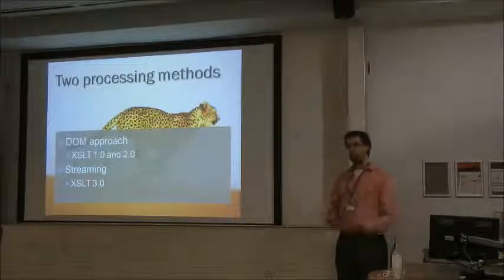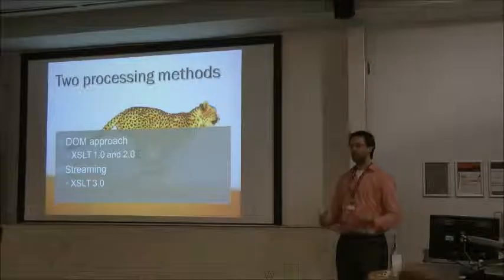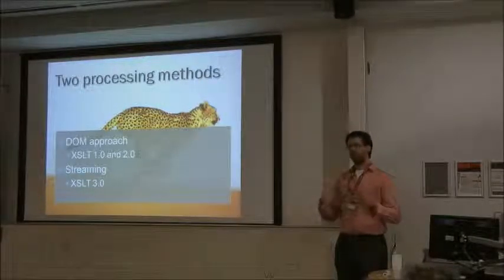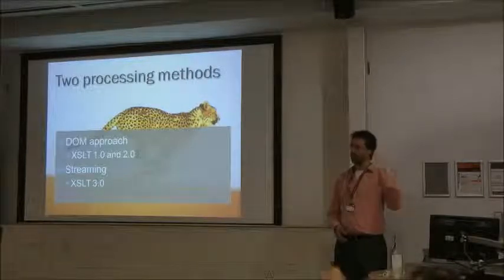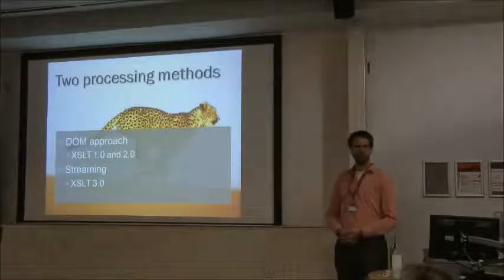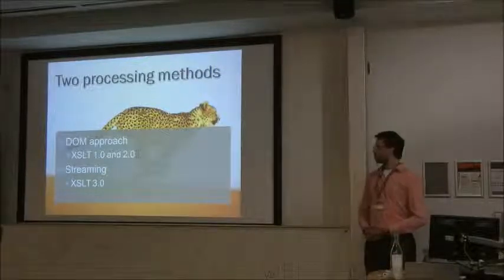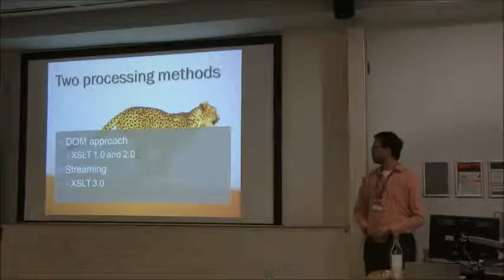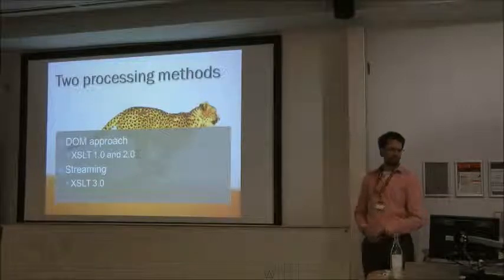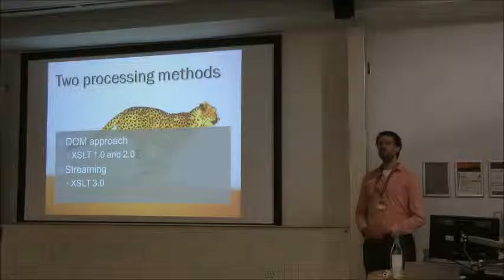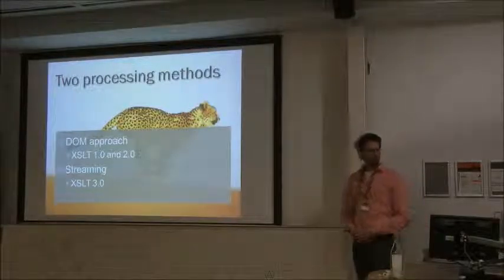When you load an XML file, it creates an XDM in memory, and you have all the possibility to go back and forward through the document to select the nodes that you want and to output stuff you like. This is the default model for XSLT 1 and 2, and XSLT 1 and 2 don't give another way of processing.